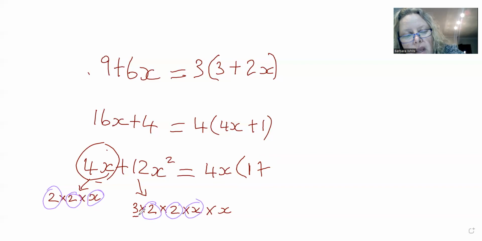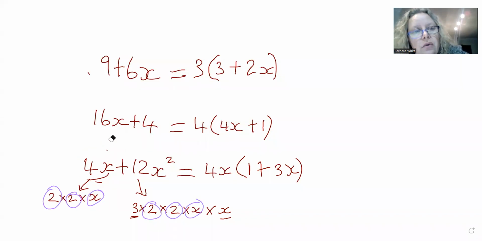Well, I can tell you how many, because it's what's left over. 3x. And now we can expand that out, and we will end up with this, which we have on the left-hand side. So just quickly, let's do that. 4x times 1 is 4x. 4x times 3x is 12x squared, and there it is there.